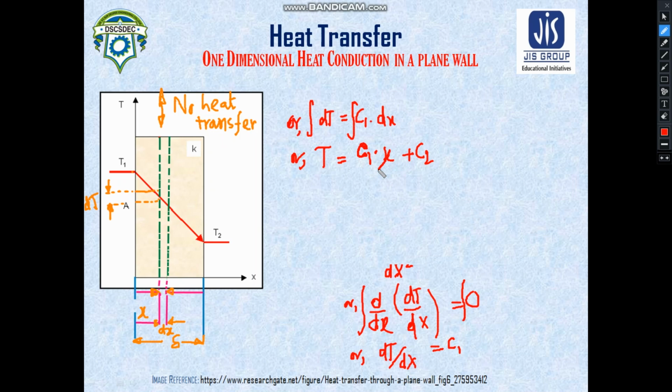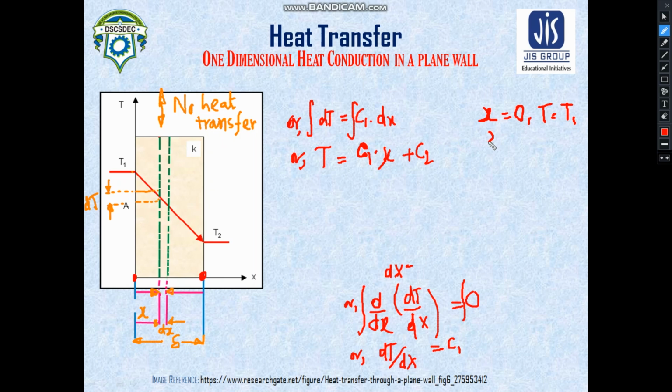Now we will apply the boundary conditions. So let us consider this point. This point indicates that x is equal to 0. Now what is the temperature? You know this whole face is maintained at temperature T1. So at x equal to 0, this temperature T will be T1. And at this other point, what is the coordinate? It is the thickness of this wall, which is taken as delta.